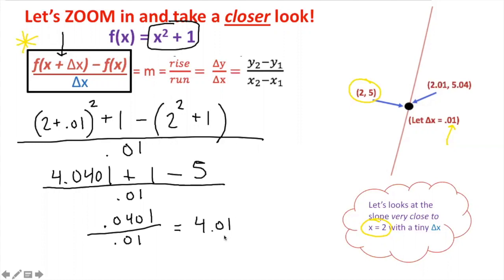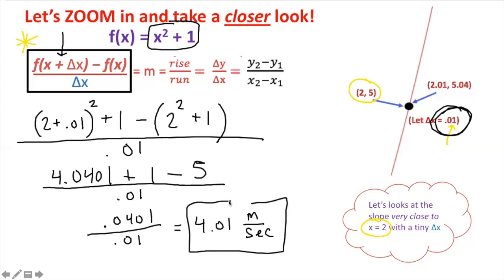So using this calculation of slope with a very, very small delta x should get us very close to the rate of change, or the slope, right at x equals 2. This is our rate of change, and let's give it a unit. It could be meters per second, it could be miles per hour. The slope we expect to be very close to 4. In this case, by hand, we got 4.01.